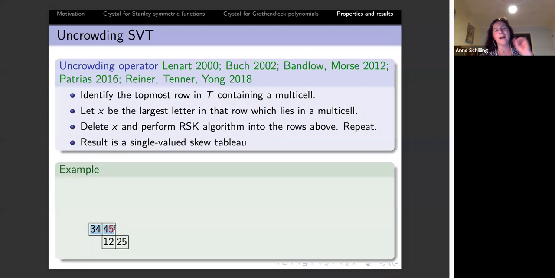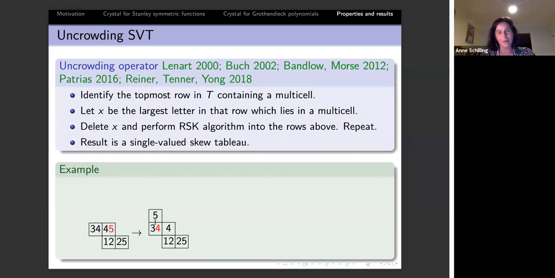You look at the largest number that is in a box with multiple letters. For us, that's the 5. Then you take the 5 and row insert it, using the usual RSK, into the next rows. If you do that with the 5, it will just sit in the next row.